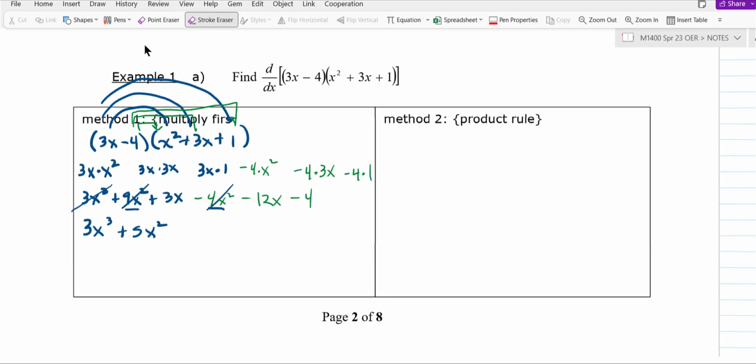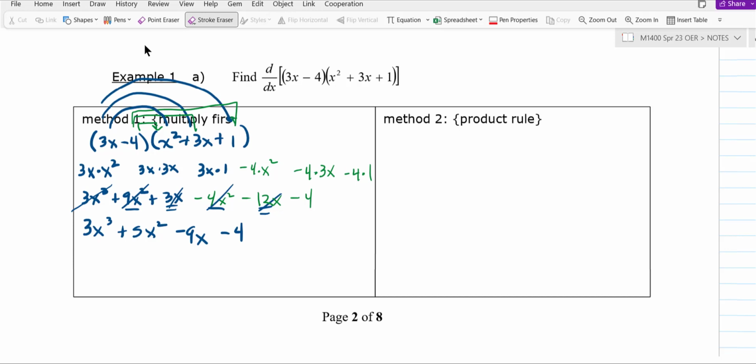It's not x to the fourth. It's just how many x squareds do we have? We have 5 left over. Then we've got the 3x and the negative 12x. So 3 minus 12 is minus 9x. And then finally, we've got the minus 4 like that. So that's an algebra thing that as a calculus student, you want to be able to do well, easily, without making any arithmetic mistakes.